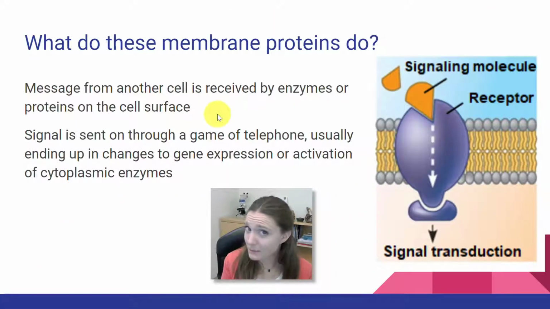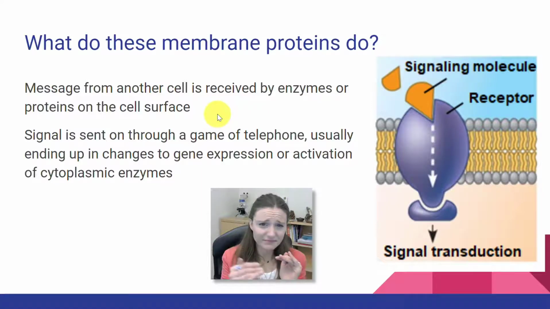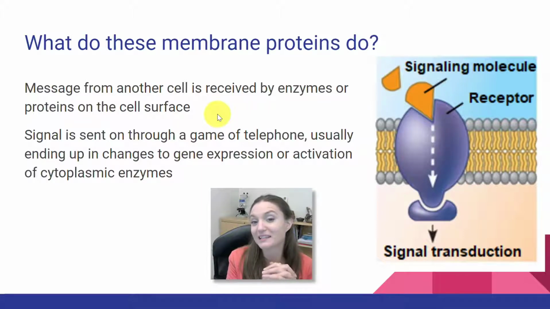Okay, so other membrane proteins are going to be signal transduction proteins. Basically what's happening here is that some sort of signaling molecule, could be a hormone, it could be a protein, some sort of communication molecule, can be picked up by a receptor on the surface of a cell.